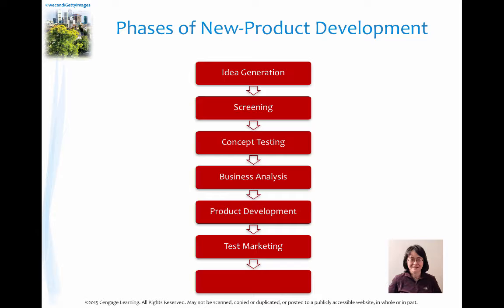Test marketing is the limited introduction of a product in areas chosen to represent the intended market. Finally, in the commercialization phase, full-scale production of the product begins and a complete marketing strategy is developed.